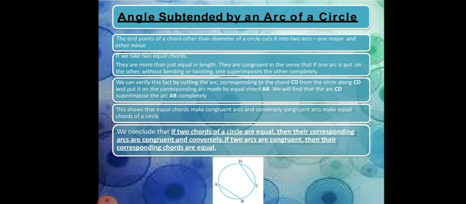This shows that equal chords make congruent arcs, and conversely, congruent arcs make equal chords of a circle. So we conclude that if two chords of a circle are equal, then their corresponding arcs are congruent, and conversely, if two arcs are congruent, then their corresponding chords are equal.